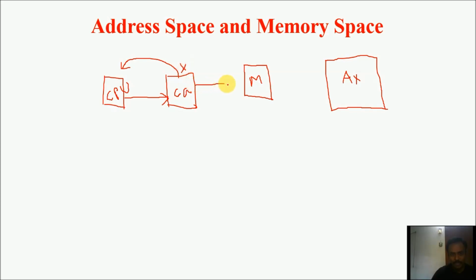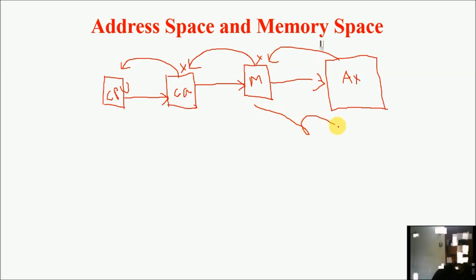If it's not present in the cache memory, then the cache finds that data in the main memory, and if that data is present in the main memory, the cache fetches it. If that data is also not present in the main memory, then the data will come from the auxiliary memory into the main memory. So the virtual memory concept comes in this position.